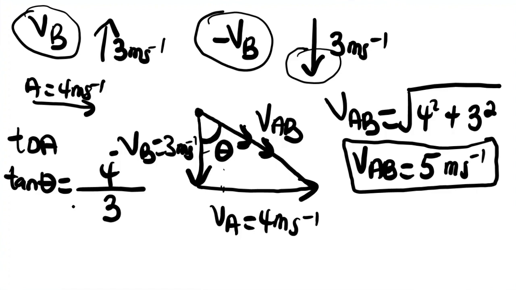So tan theta is equal to 4 over 3. So theta is equal to tan inverse of 4 over 3. So in this case, we just basically need our calculator. Let me pull my calculator and then get the answer for you. But I hope you are getting it right.